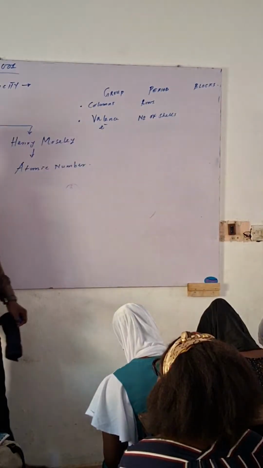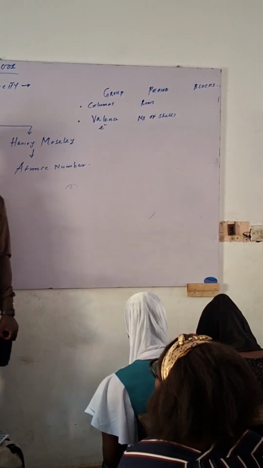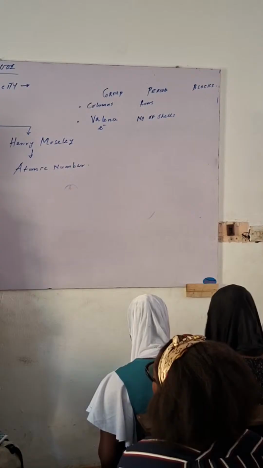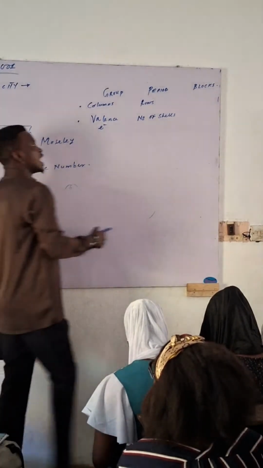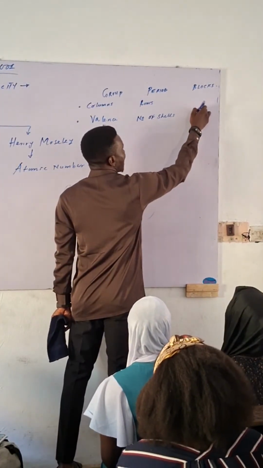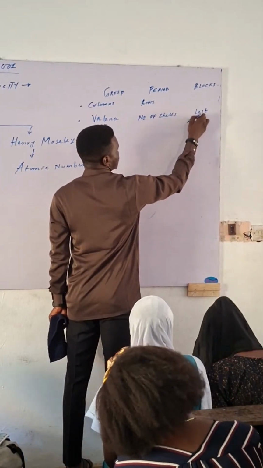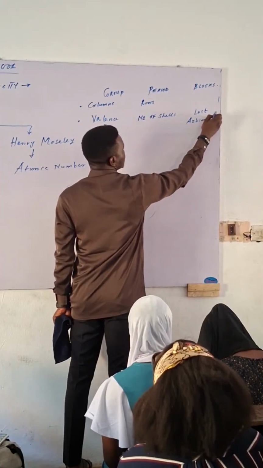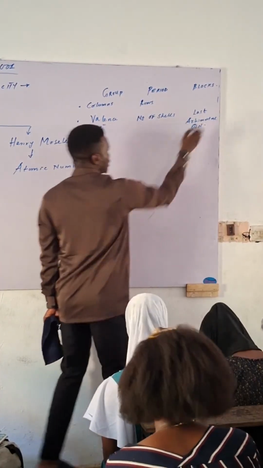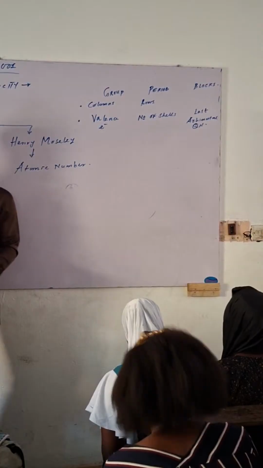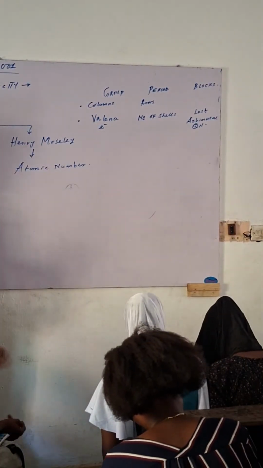The number of electronic shells tells you the period to which an element falls. And the block is determined by the last azimuthal quantum number. On Saturday, I explained everything about the quantum numbers, so you should know.